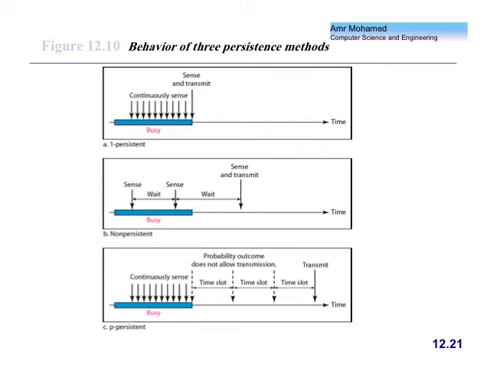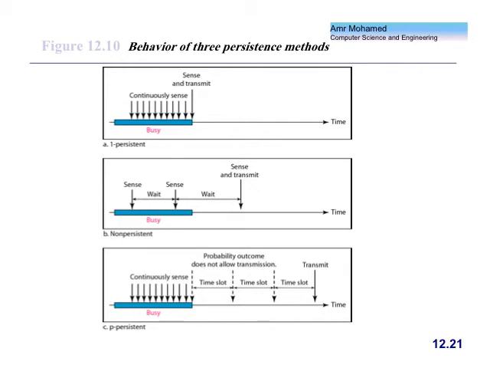And you didn't sense it until here, right? Which means that you have missed this time to access the channel. So during this time, the channel was idle and you didn't pay attention to that. So you missed this time, you wasted this time, which affects a little bit the efficiency or the utilization of the channel, right?